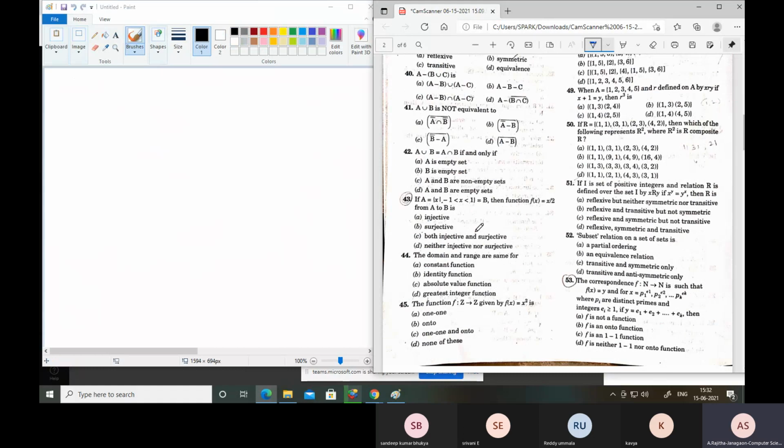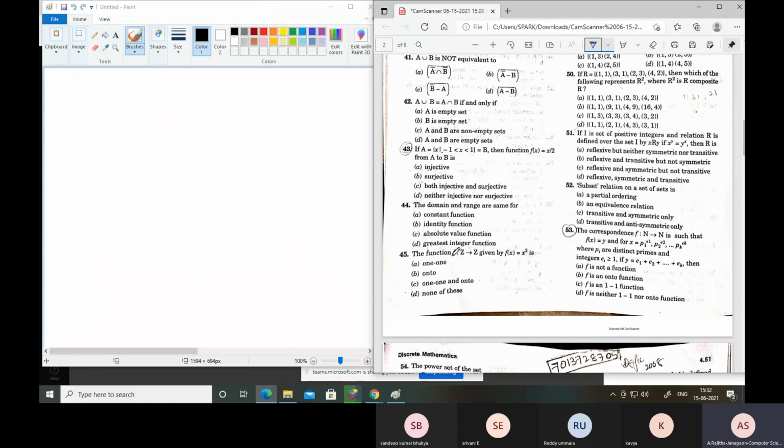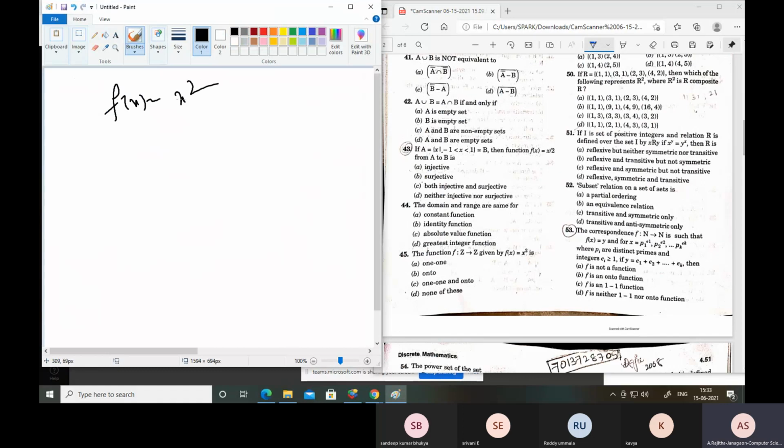Okay, now suppose you can check whether this function is injective, surjective, or both injective and surjective. Suppose this function is x square. Here x, f of x, so x square. Here f of x equal to x square is which?